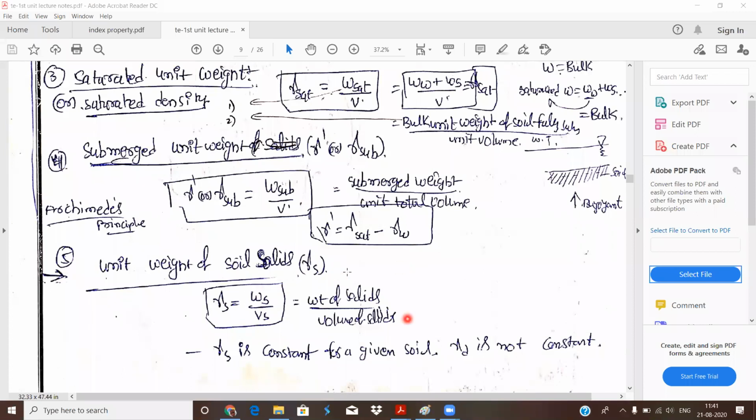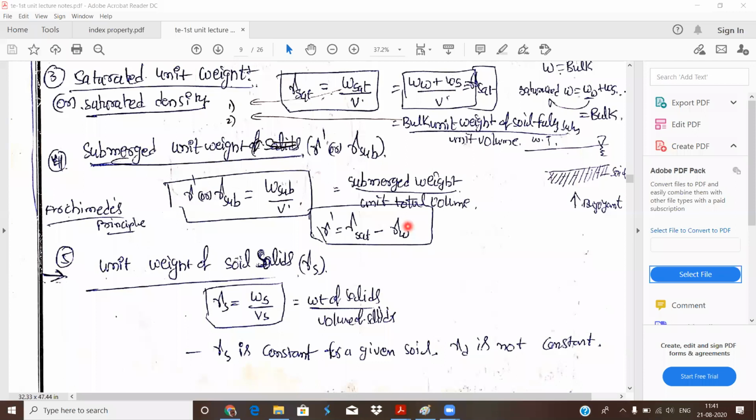If you take 1 cubic meter and pour in cement, then its weight is 1440 kgs. If you go to any country or any place, the unit weight of cement is the same. If you pour water into a 1 cubic meter box, the weight is 1000 kgs. If you go to any country, the weight of the water should not change.